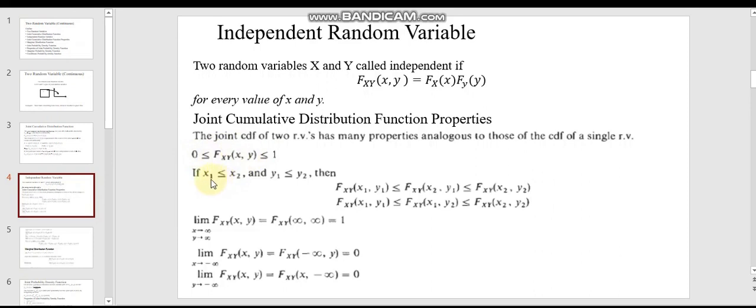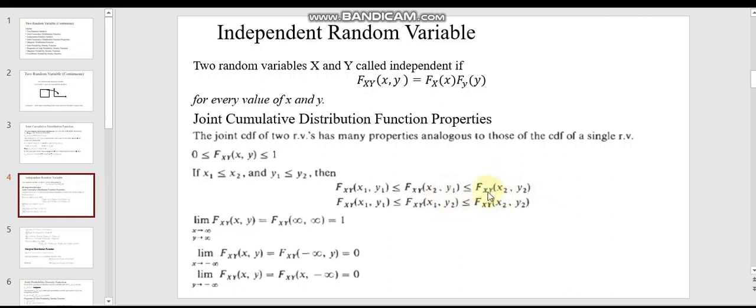If two numbers x1 is less than or equal to x2 and y1 is less than or equal to y2, then the CDF of x1 and y1 is less than or equal to the CDF of x2 and y1, which is less than or equal to the CDF of x2 and y2.